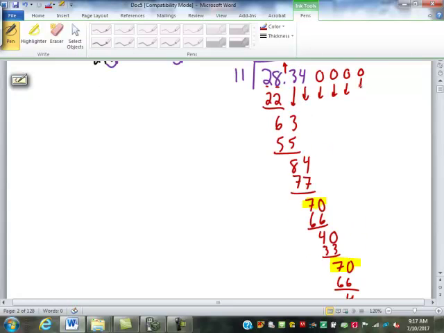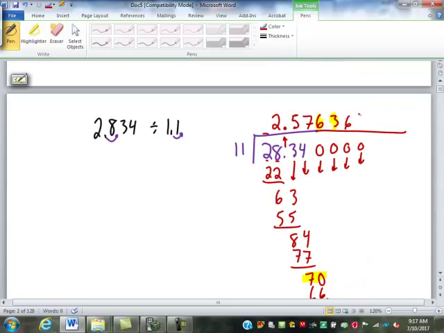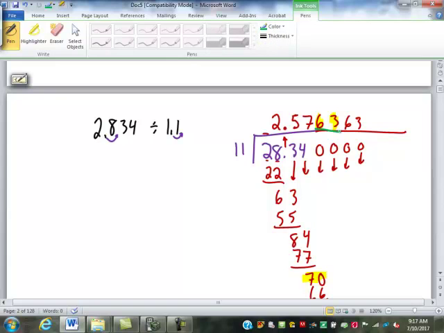Add a 0. It's going to be 40 divided by 11, which would be 3 again, right? So I can see here, starting at this point, the 6 and the 3 just repeat over and over again. So that answer, 2.57, then the bar goes above the 6 and the 3. Yeah, all those repeat.